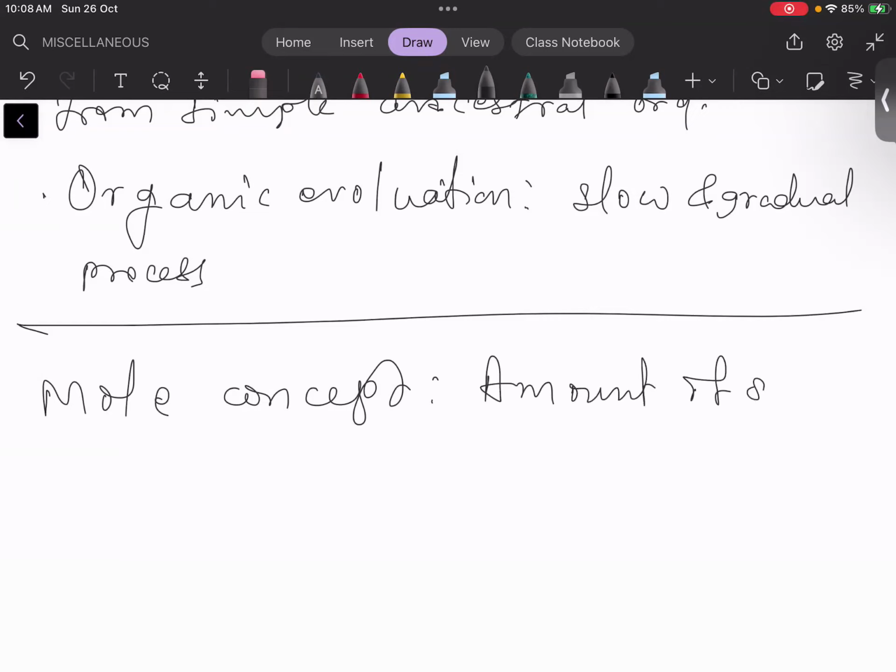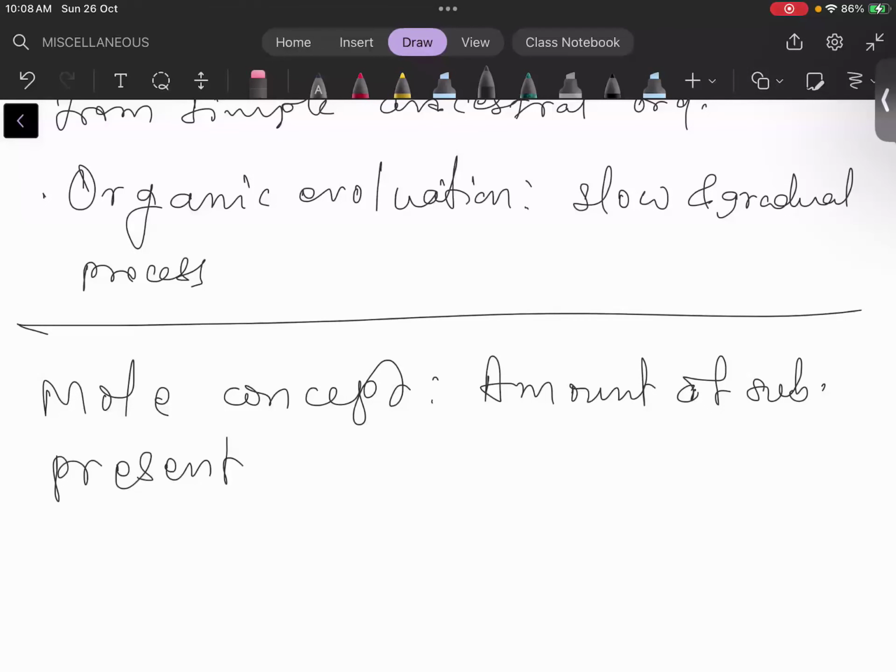Amount of substance present, that is called what?